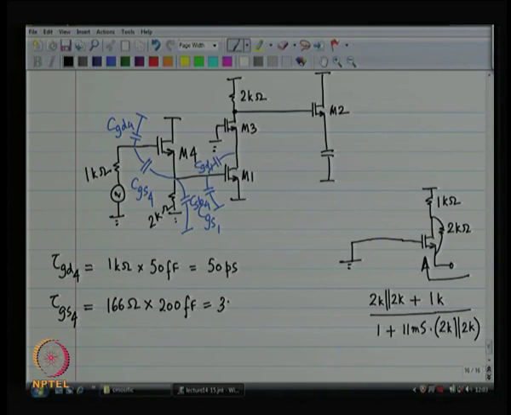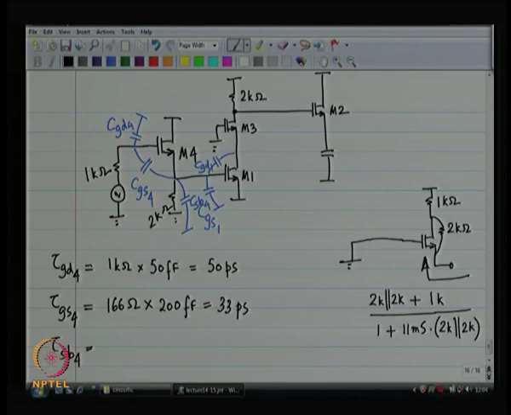So, you see 33 picoseconds coming from CGS4. Then see source to body of device number 4. If I look at the source to body, the resistance presented by the source of device number 4, you see basically 2K looking downwards, and looking into device number 4 you see 1 by GM approximately, right.